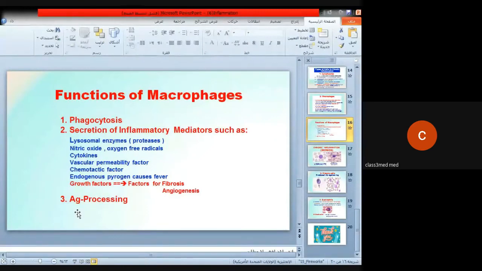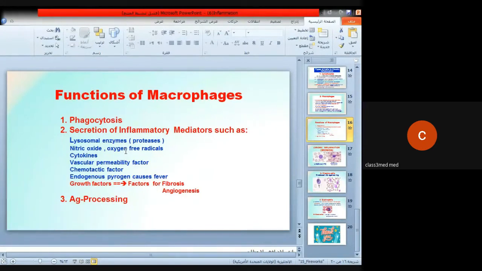While in chronic inflammation, the macrophages cause destruction of the tissue with fibrosis. Okay, understood? In acute inflammation, macrophages after clearance of the site of inflammation die and are removed by lymphatics to the regional lymph node.